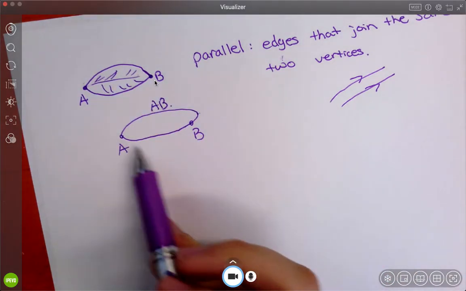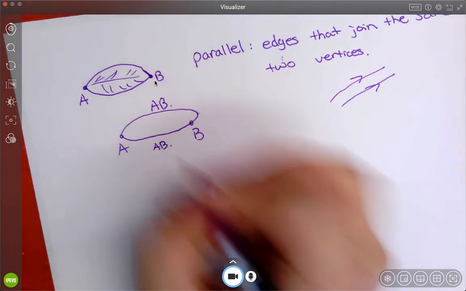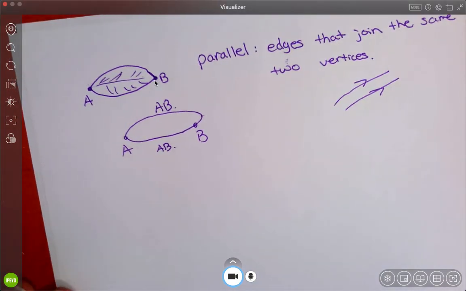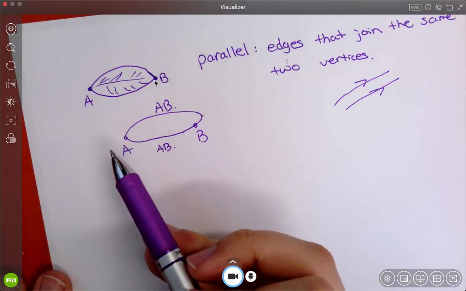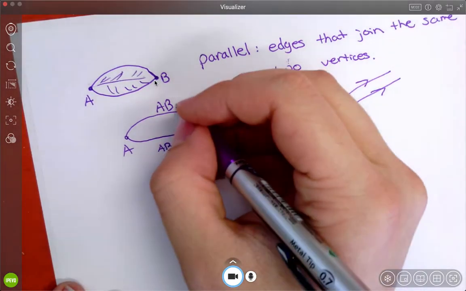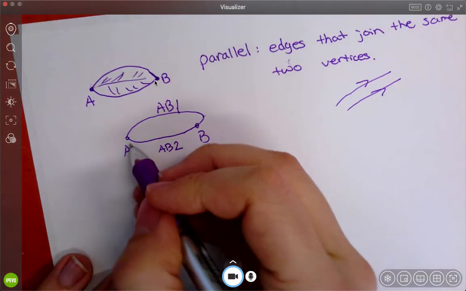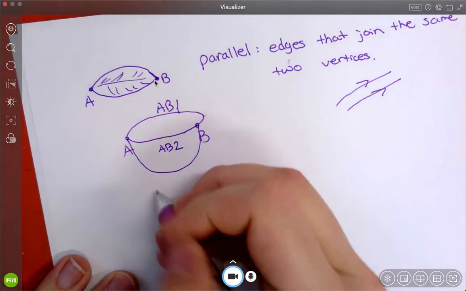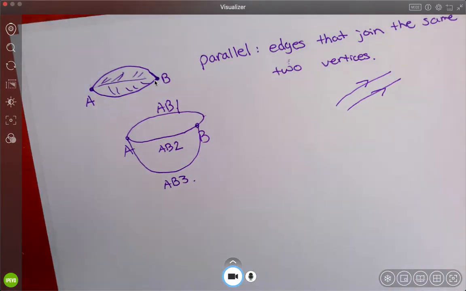But what would I call the bottom one? It's also AB, right? Does this seem to be a problem? Well, if I say, take road AB, you don't know which one I'm talking about. So how we do it when they're parallel is that one of them is AB1, one of them is AB2. And if you had a third parallel option like this, it would be AB3. Just so that you're aware.